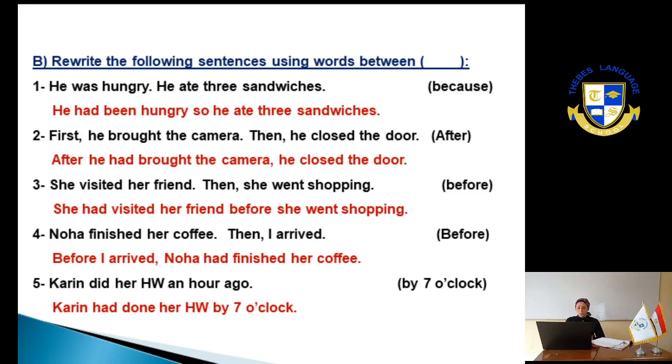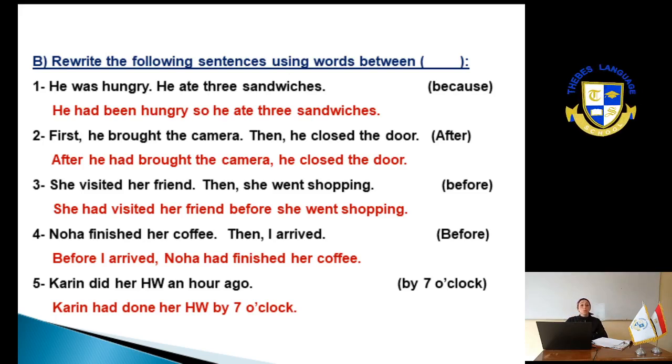First, he bought the camera, then he closed the door. Now, I want all of you to look very carefully. First, he bought the camera. So buying the camera here is the first action. Then, he closed the door. He brought the camera. Sorry, not bought, brought, to bring something. So first, he brought the camera. So this is the first action. And then he closed the door. So closed here is the second action.